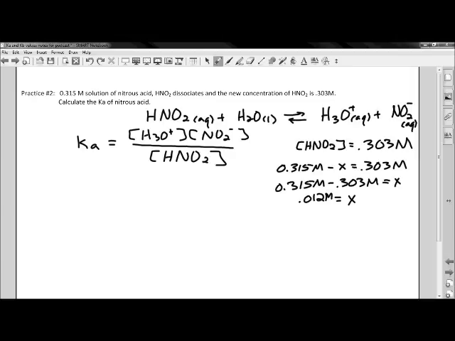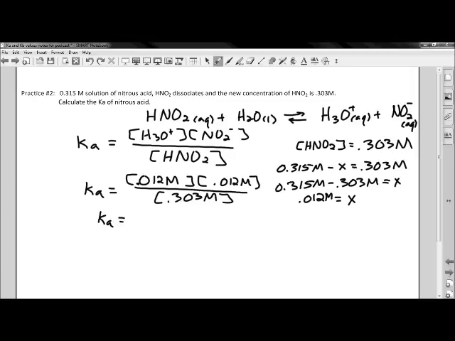With that being said, let's plug in. Ka equals the value we just got for our lovely hydronium ion, same value for the nitrite ion, all divided by our nitrous acid concentration at the end, which we're told is 0.303 molar.